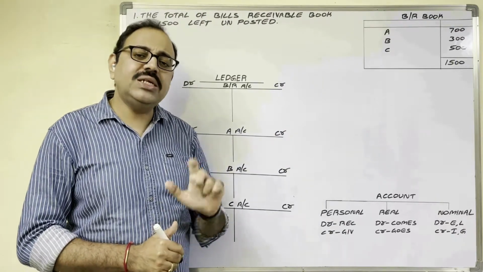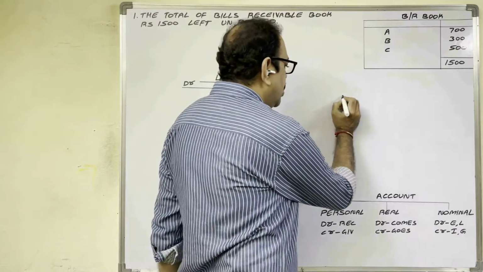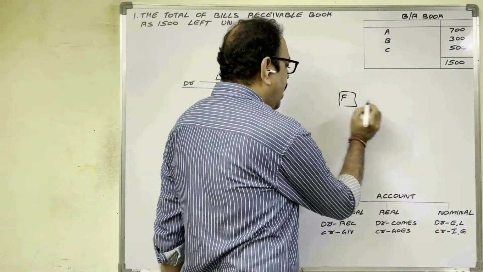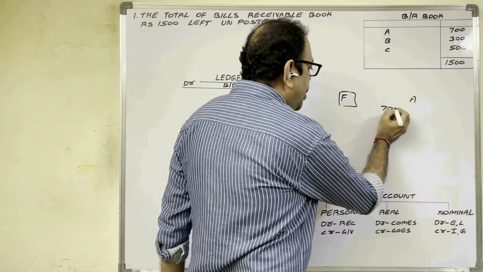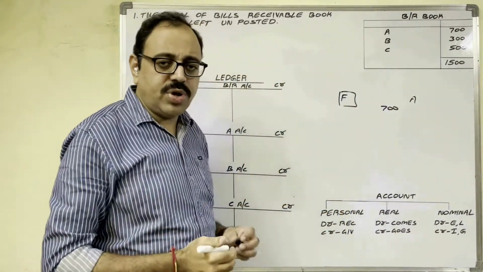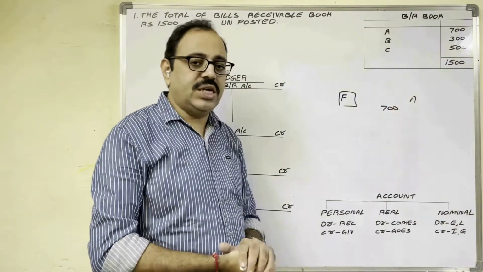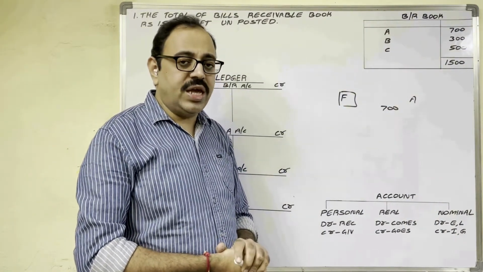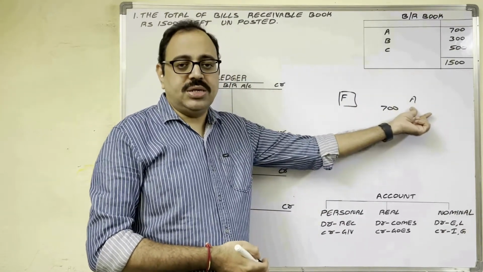First of all, what does bills receivable mean? Suppose this firm sold goods to A, amount 700 rupees. Sales are of two types, cash sale and credit sale. Assume this is a credit sale. In case of a credit sale, the firm needs written proof from the debtor, the customer.